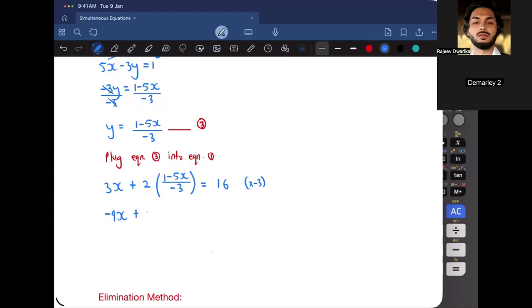Where did you get 9 from? Maybe if I put it over here, you will see it better. We're multiplying that by minus 3.